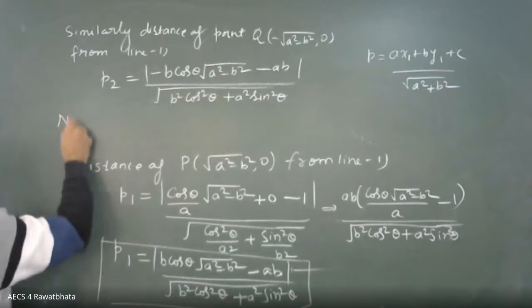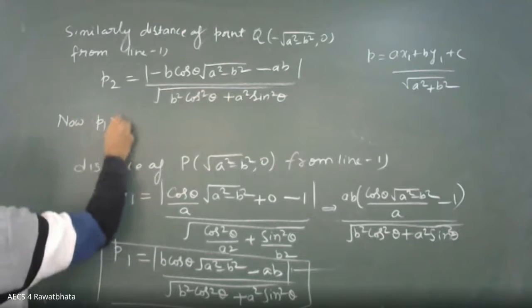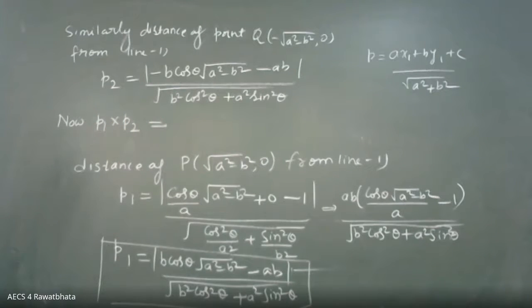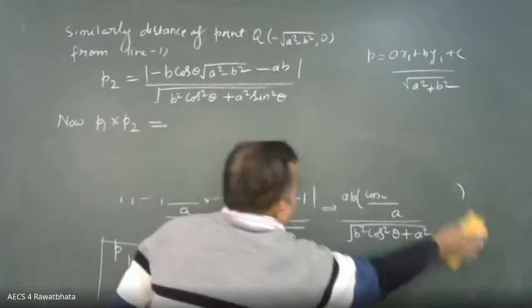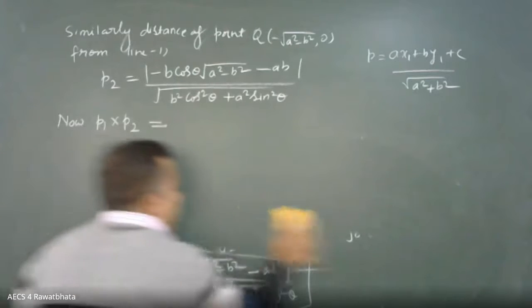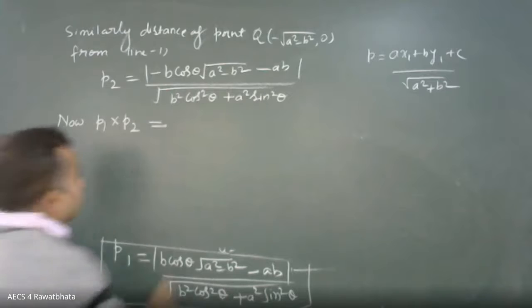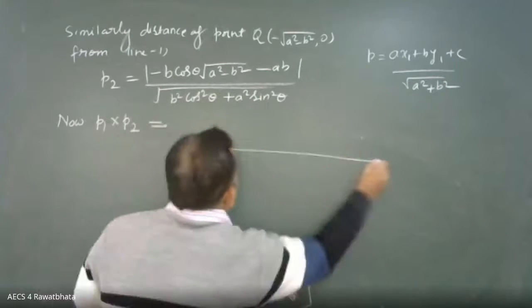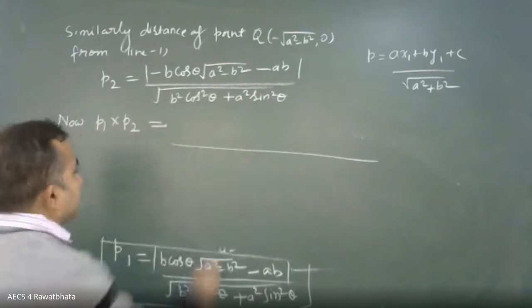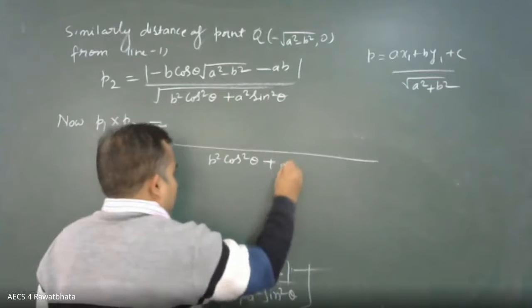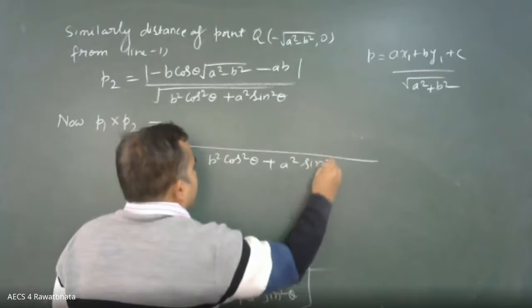Now P1 into P2, let us calculate. We have to prove it is b square. So let us put the values of P1 and P2 and multiply them. Both denominators contain roots, so root into root will become directly b square cos square theta plus a square sin square theta.